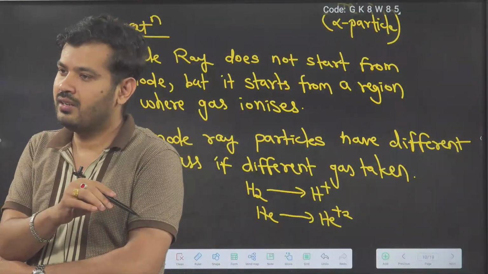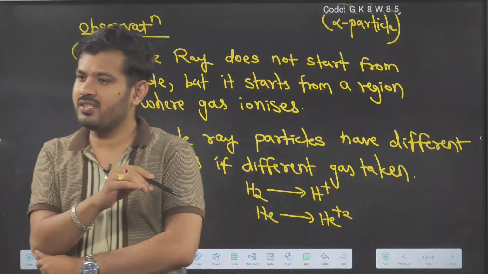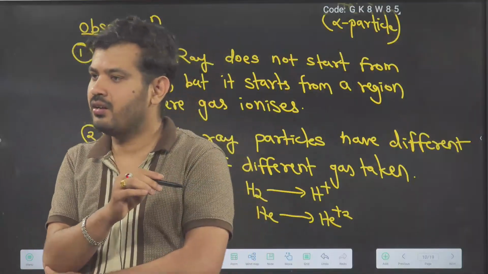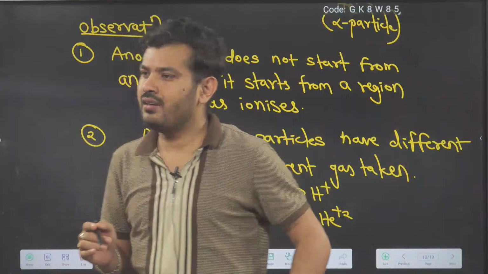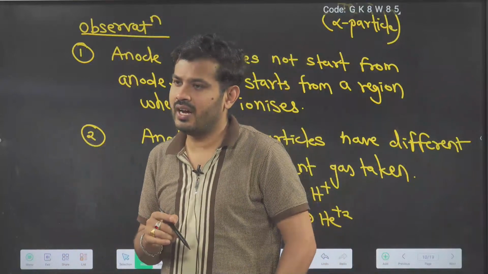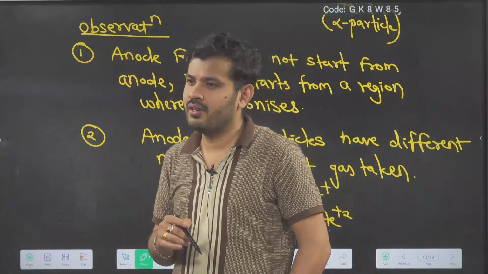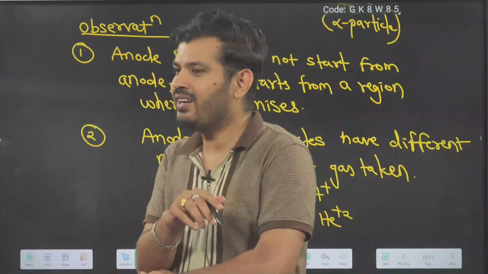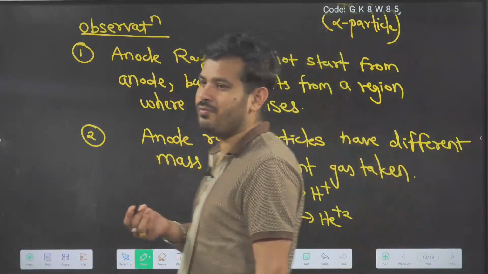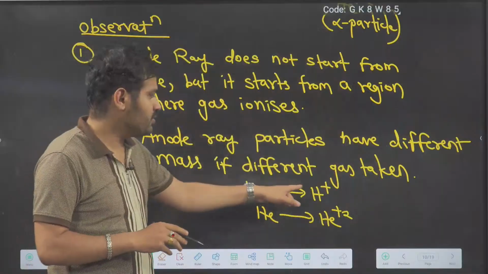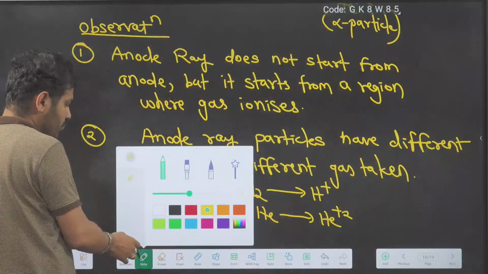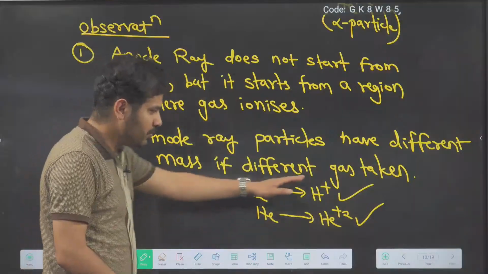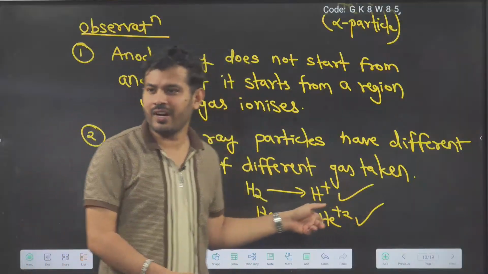Why not positive? Why does it not start from the anode? I told you, man. The anode ray consists of what? Anode ray consists of positive charged particles. Here we have taken these two positive charged particles, H plus and He 2 plus. They are the anode ray.